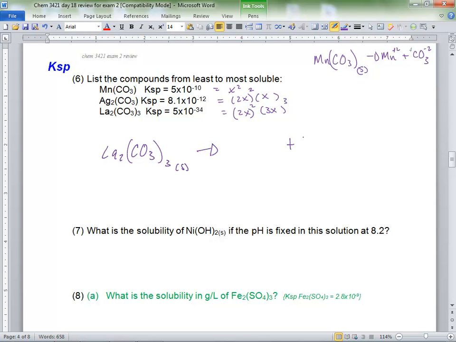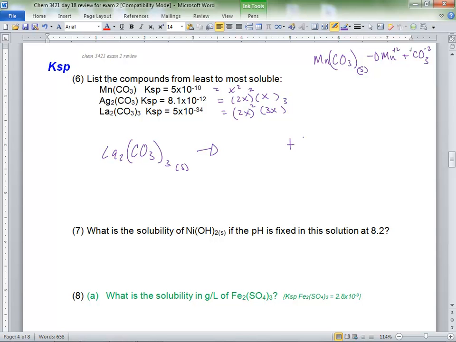My brain looks at this and I see two parts. If you don't see two parts here, we need to review those polyatomic ions. You should be able to see a lanthanum cation and a carbonate anion.